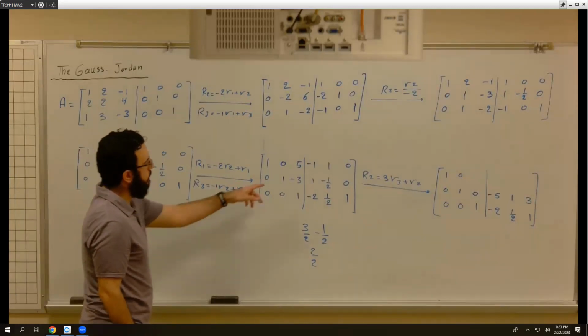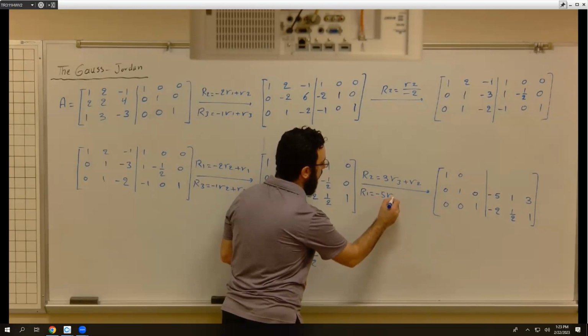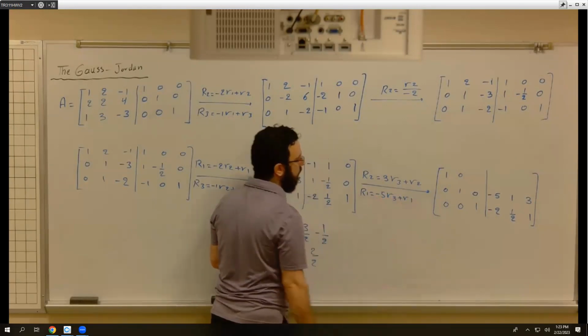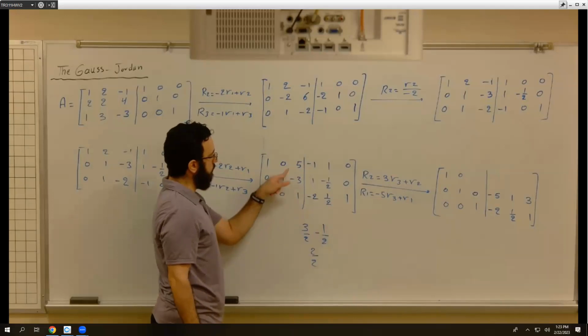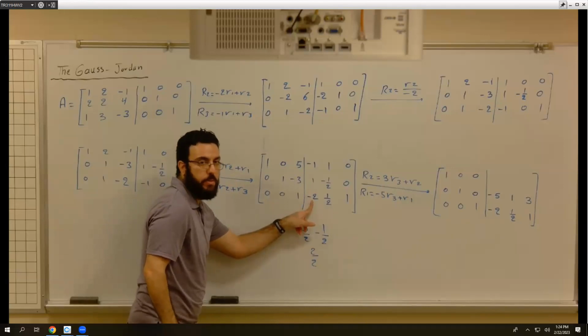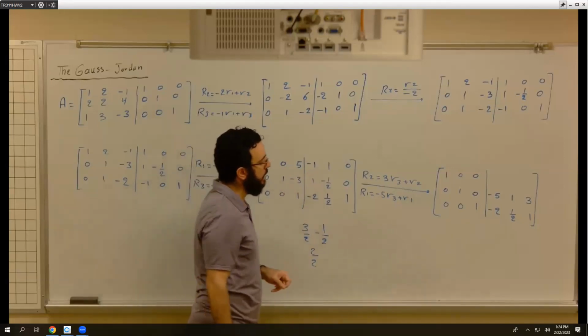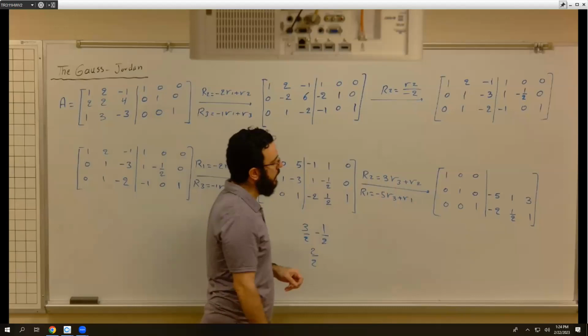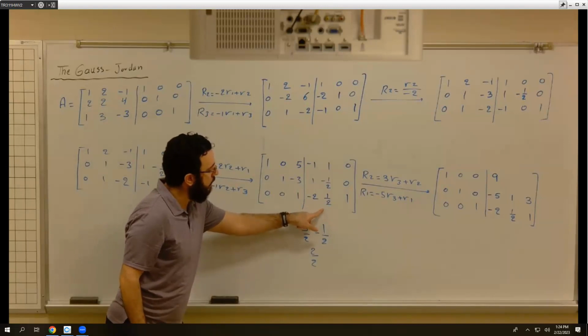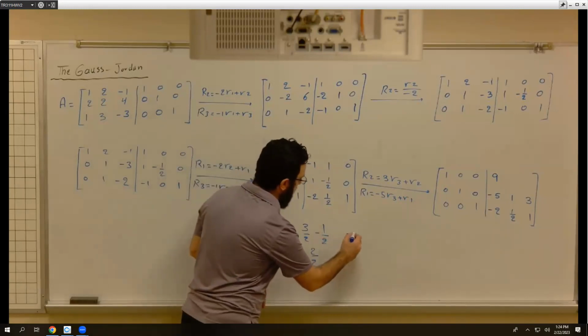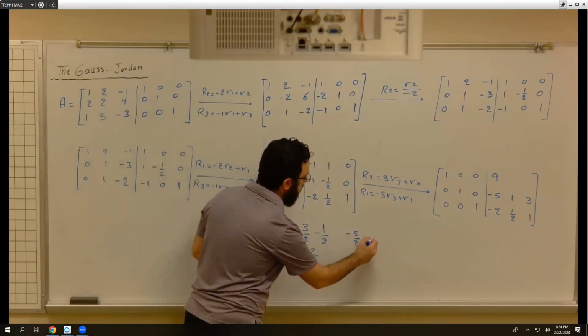So I'm going to say R1 is going to be -5 times R3 plus R1. So it's 5, so I'm going to put -1. So -5 times 1 plus 5 is going to be 0. -5 times -2 is going to be 10 minus 1, 9. -5 times half, so -5 over 2, or plus 1.